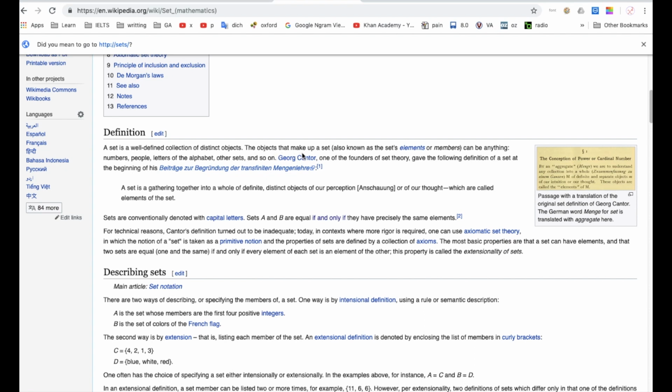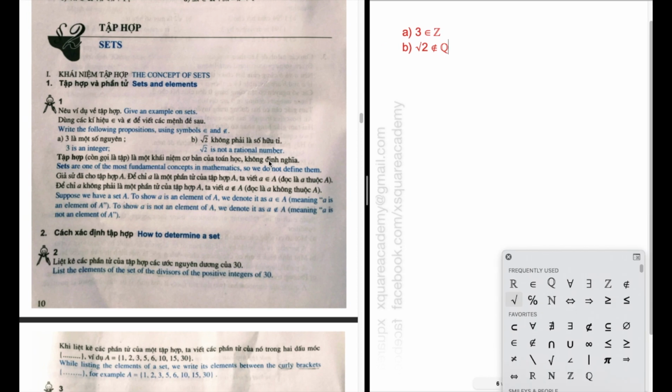The objects that make up a set, also known as set elements or members, can be anything: numbers, people, letters of the alphabet, other sets, and so on. At high school level, you just need to know that sets cannot be defined. To understand more about the concept of sets, we consider an example.